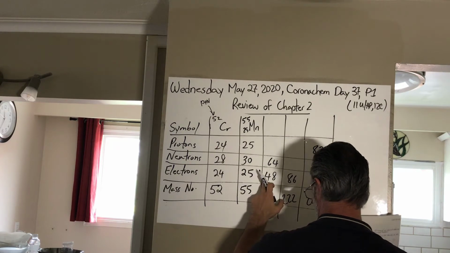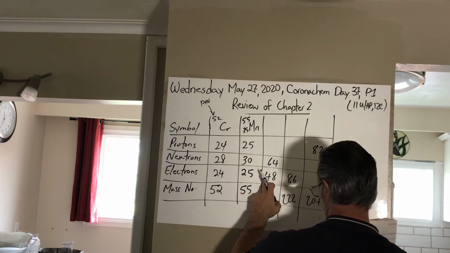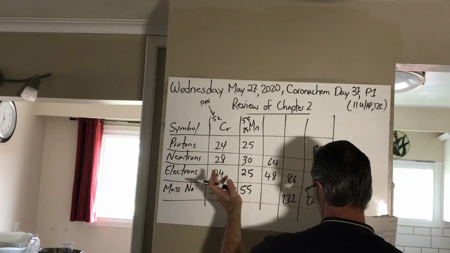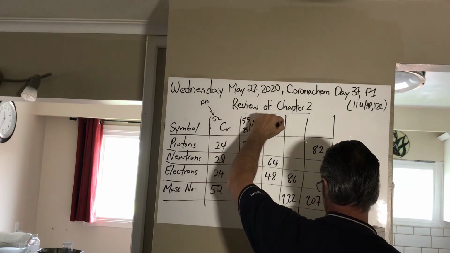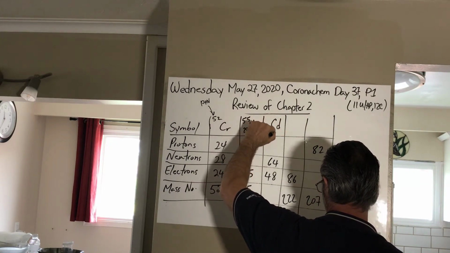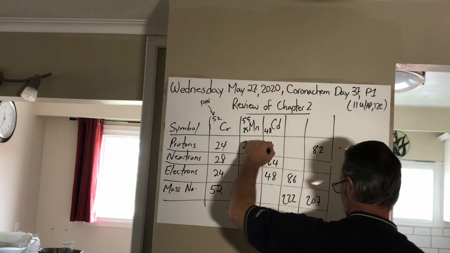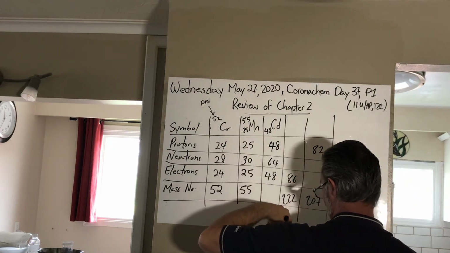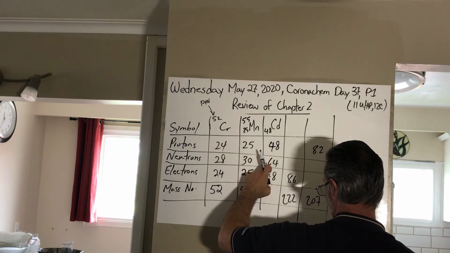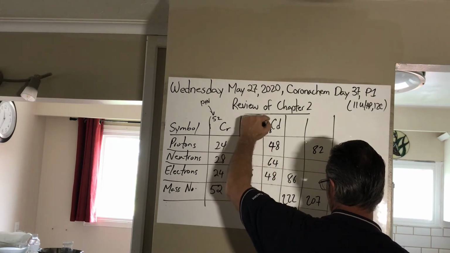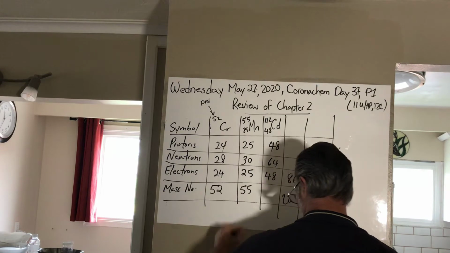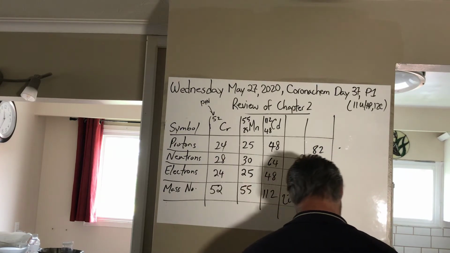This element has 48 electrons, and we're going to assume it has no charge because no other indication is given, so that's cadmium. If you look it up on the periodic table, element number 48 has 48 protons, that's what we can write in here. And if you add 48 plus 64, you get 112, and cadmium's mass number is 112, and we can also write that in over here.